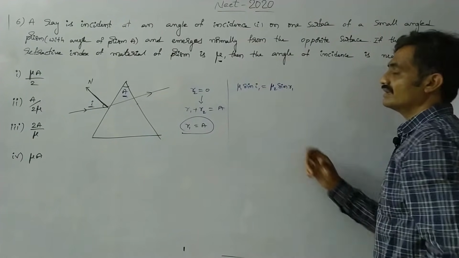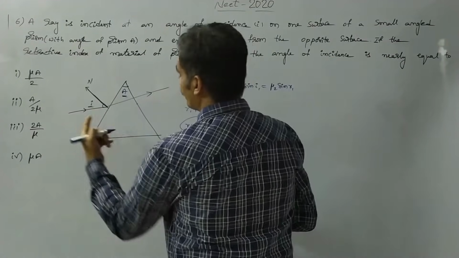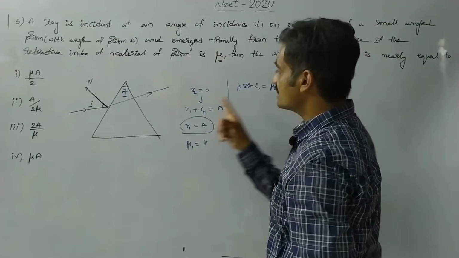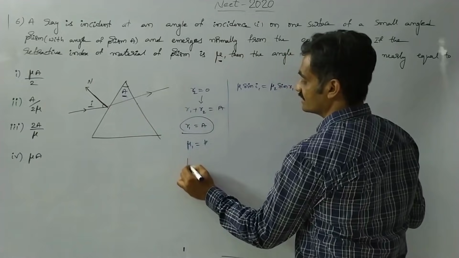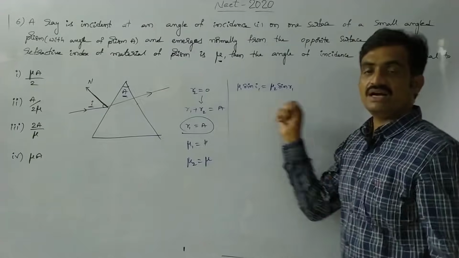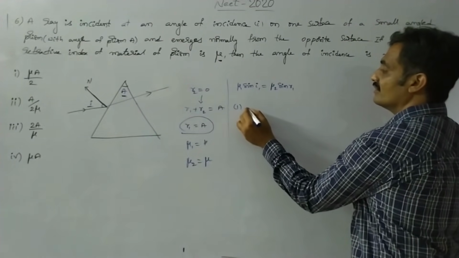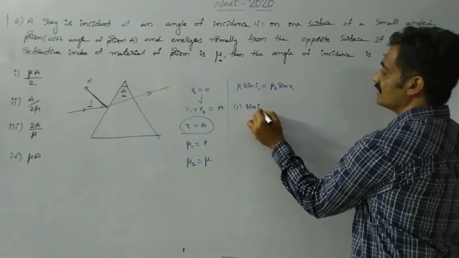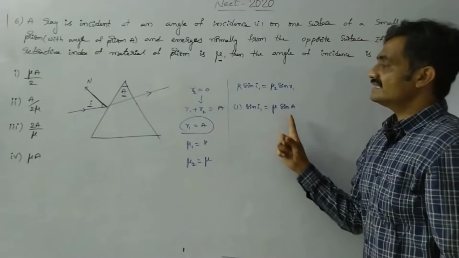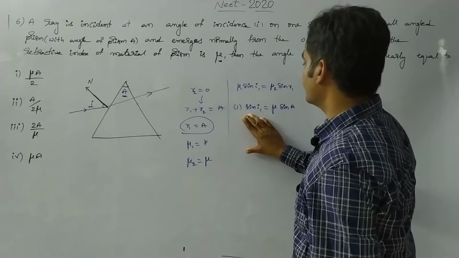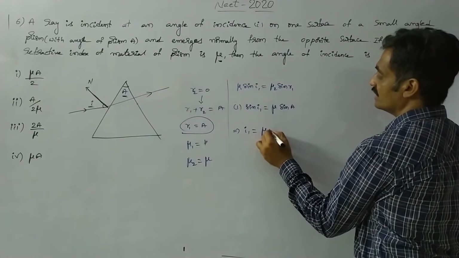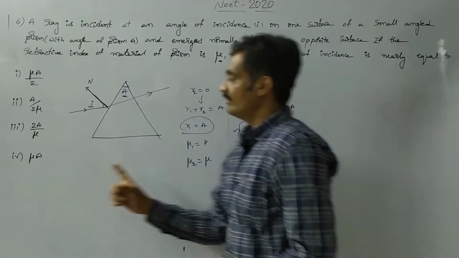Here mu1 is the refractive index of the air medium, so mu1 equals 1, and mu2 is the refractive index of the prism, so mu2 equals mu, whereas R1 equals A, and now we have to find I1. If I substitute all these values, we have 1 into sine I1 equals mu into sine A. Now since it is a small angled prism, we can neglect the sine. So we can write I1 equals mu A. So option will be 4.